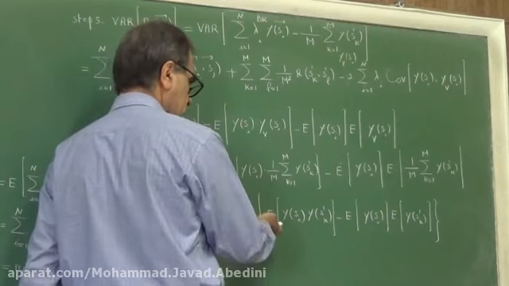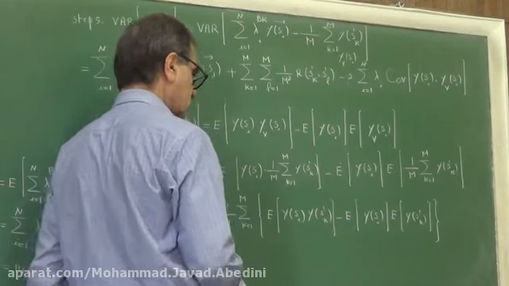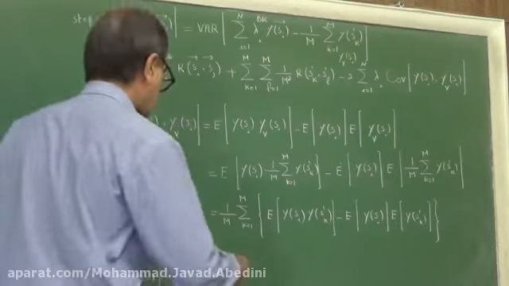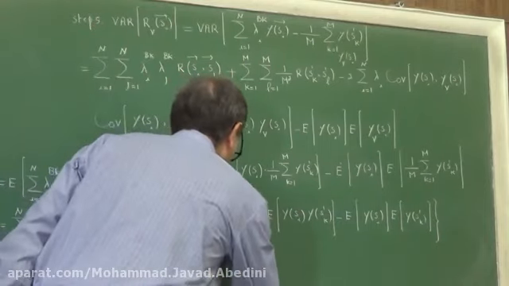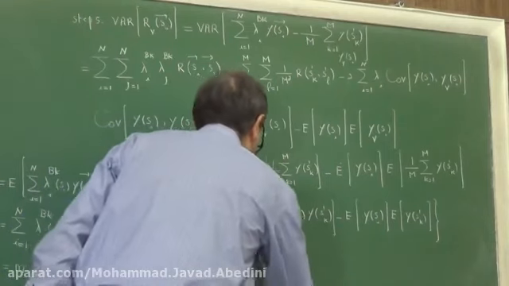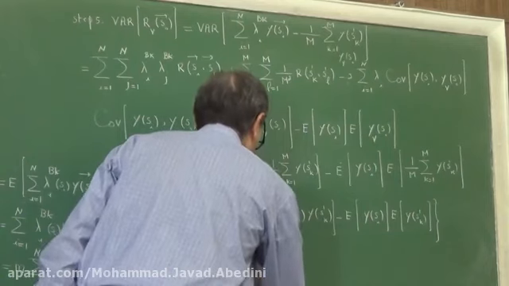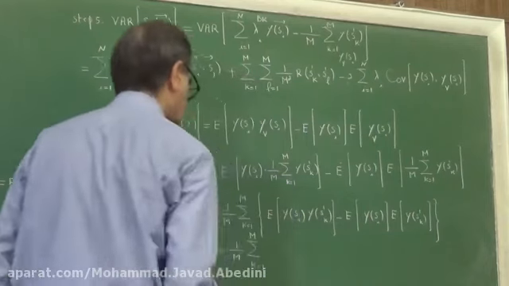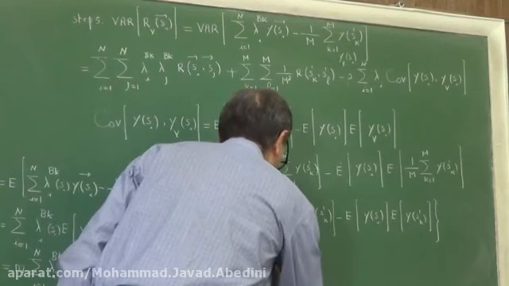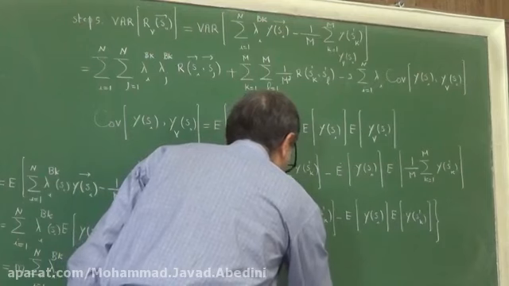Now I can replace it with covariance of s prime k, s bar. Therefore, 1 over m summation k from 1 to m covariance of s prime k, s bar.